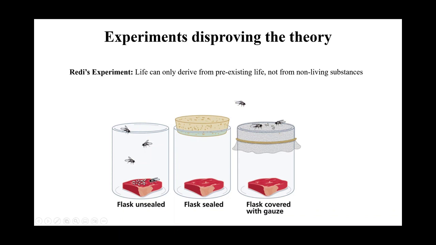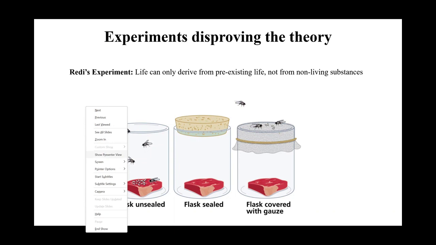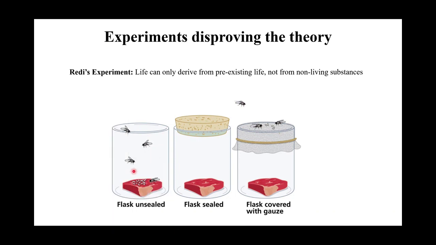So if maggots are formed here and if maggots are also formed here, it means that the presence of meat is not the feature which is important. Presence of flies is important, and flies are living organisms, so it means that it is not arising out of non-living organisms.